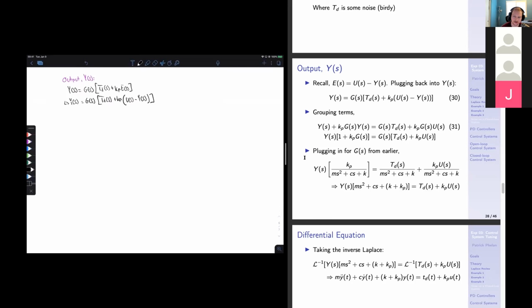Okay, so I'm not going to write out everything for grouping terms just because, again, I don't want to write down kind of needless stuff, but I'll write out that step, but not actually all the numbers. So we're going to group terms.